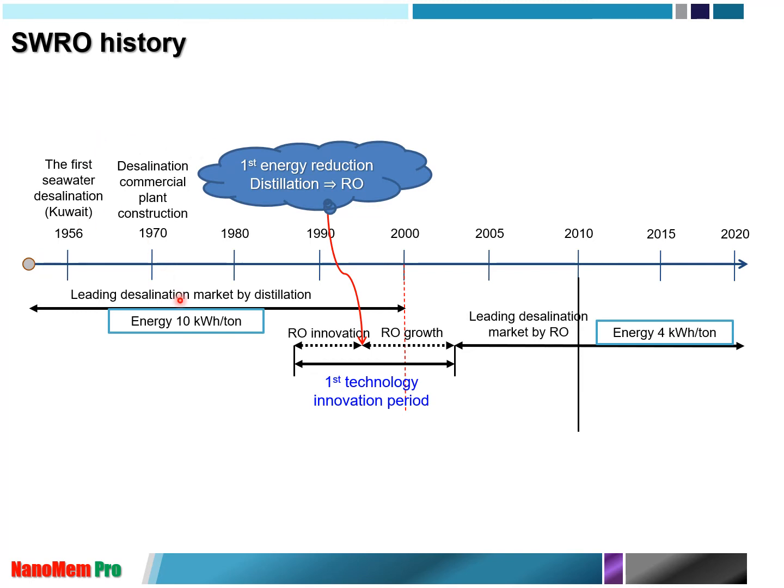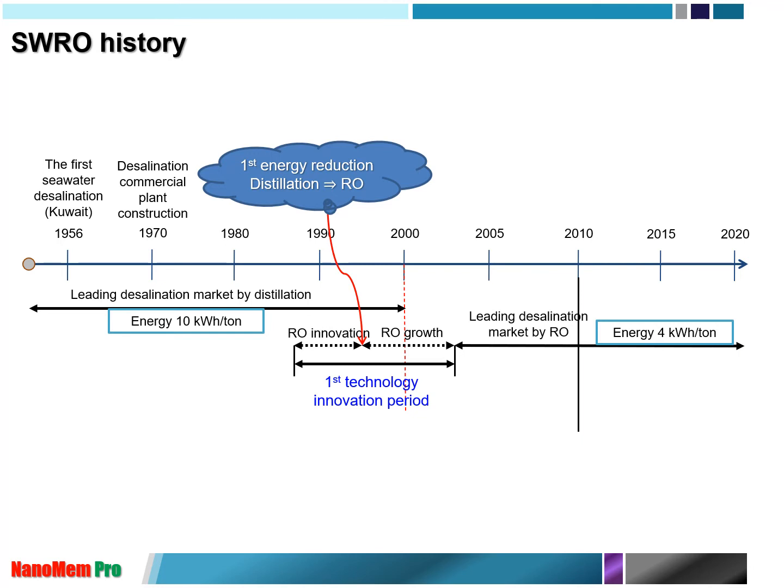At that time, the energy consumption of RO was around 10 kilowatt hour per cubic meter. And then distillation was the leading technology, because the energy consumption is very similar to RO, and distillation is a little bit better.